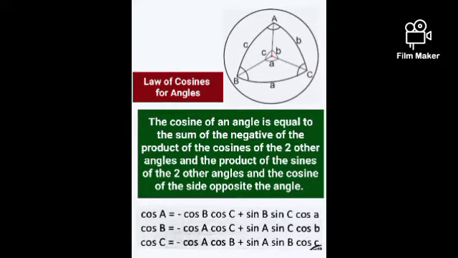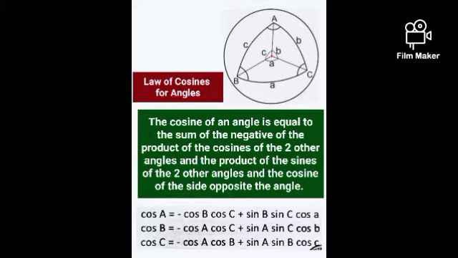Now, the law of cosines for angles is another tool for solving oblique spherical triangles. But this law can be used only depending on the parts given, which means that we cannot always use the law of cosines to solve an oblique spherical triangle.